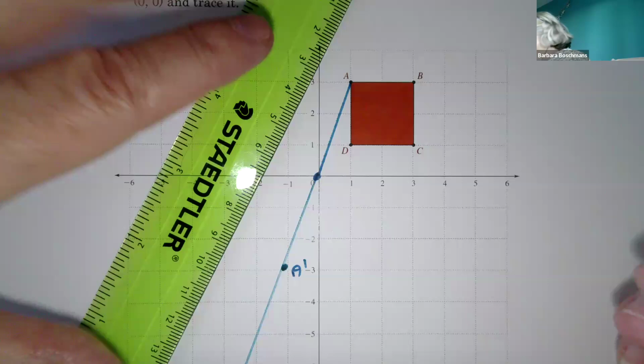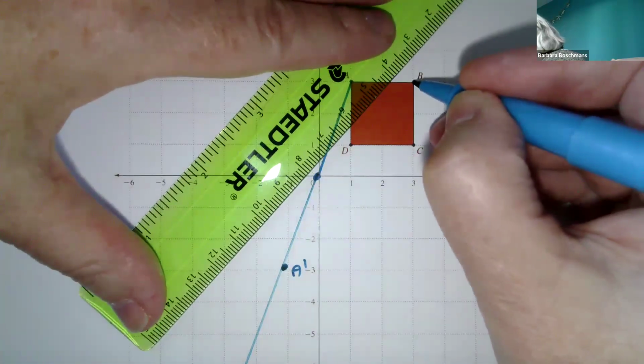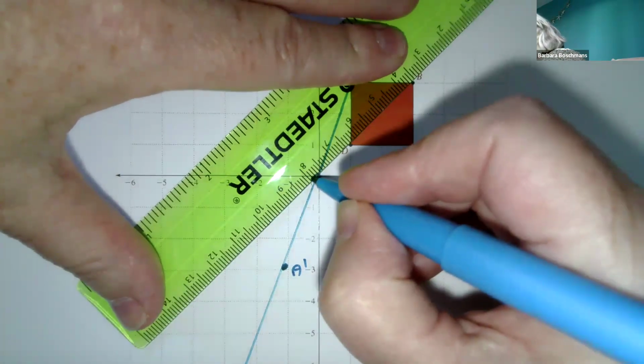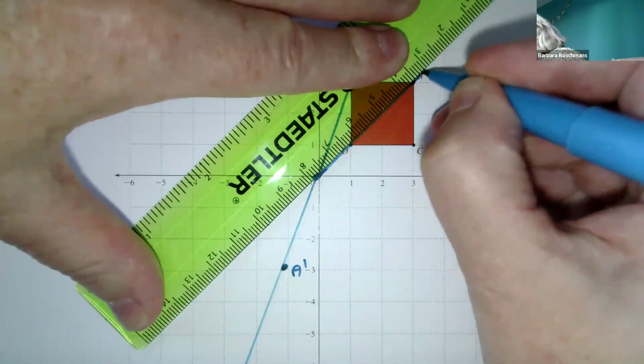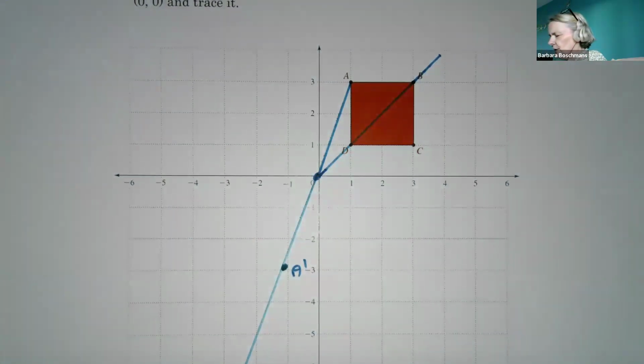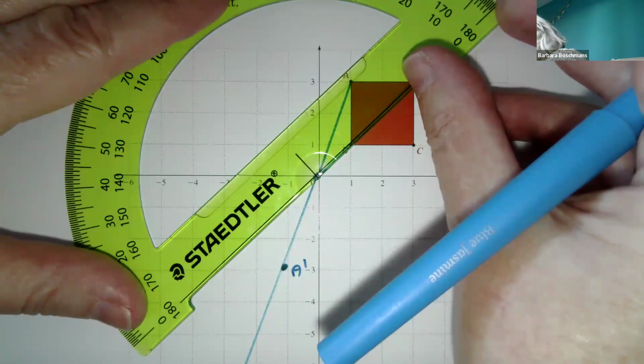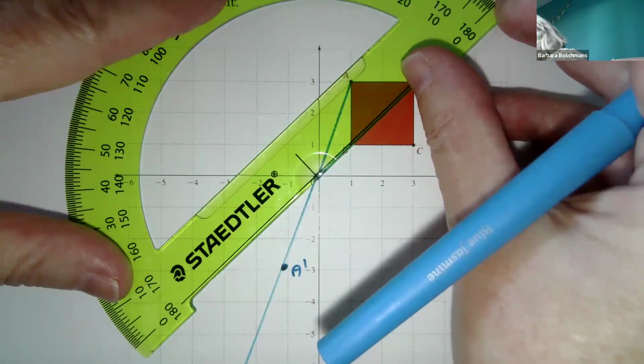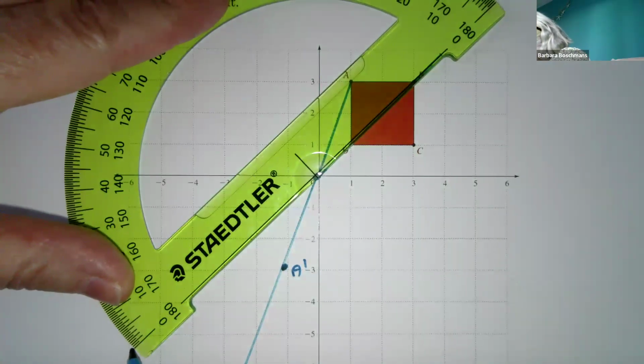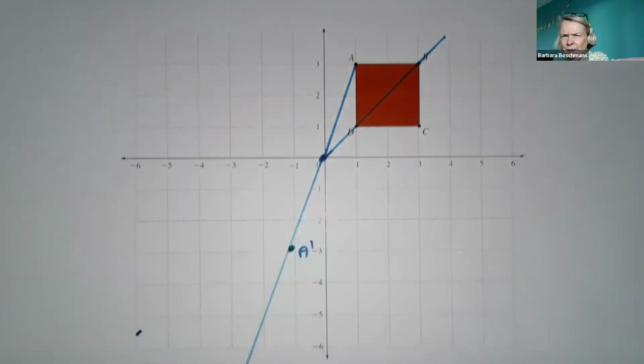The next one I will do is B. So I'm going to connect it to B. I would use my protractor to figure out where 180 is. Just write down below.